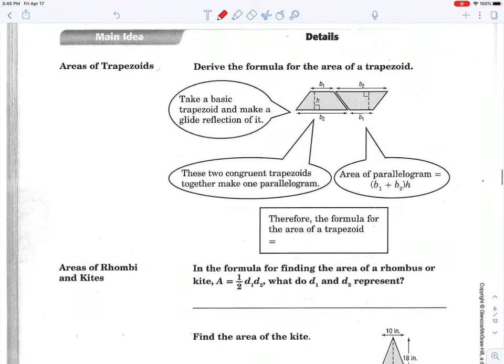So let's get into some formulas. Derive the formula for the area of a trapezoid. If we take this figure as a whole, what's outlined in red, I see, is a parallelogram. It says to take a basic trapezoid and make a glide reflection of it. Glide reflection is where we translate and then reflect. We learned that in chapter 9.